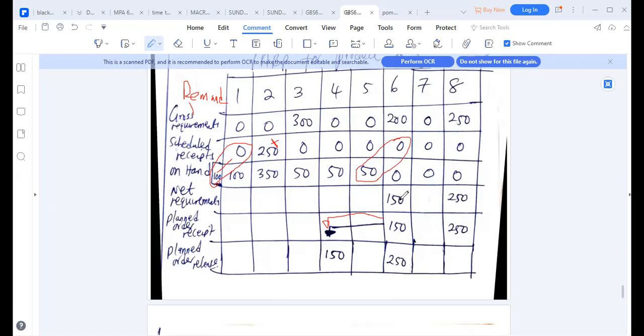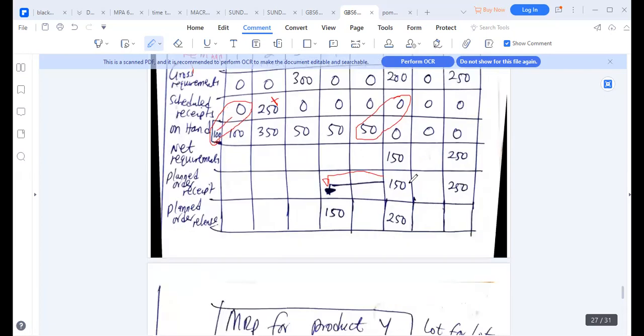So we had a shortage of 150. So using lot for lot, we order what is needed. So that's why we ordered the planned order receipt of 150. So we ordered 150 so that we sort out this problem, and then we remained with 0 because we only ordered what was needed, what was the shortfall to meet the demand, which was the 150. So we remain with a 0.